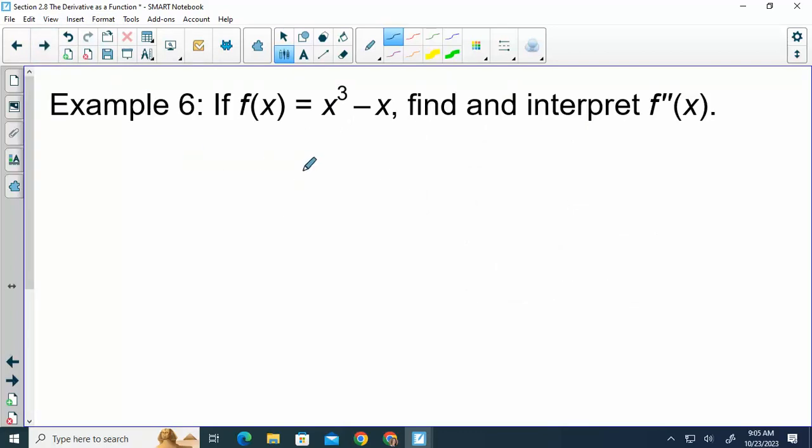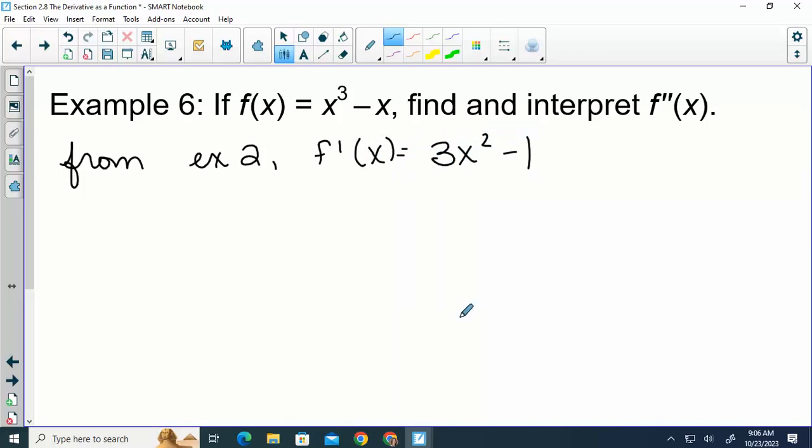I believe, did we do this example on Friday, x cubed minus x? That was example 2, right? So from example 2, the derivative of this, the answer we got on example 2 was 3x squared minus 1. So I'm not going to rework that, we did that one on Friday.